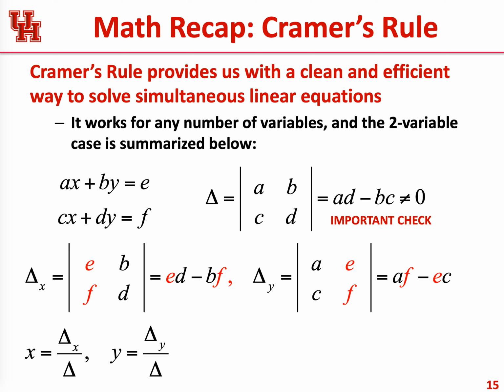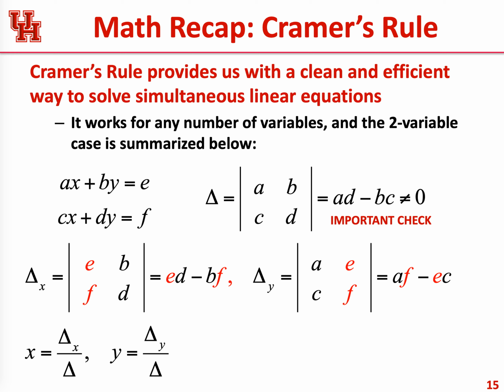Now, one of the important things is we want to make sure that this is not equal to 0. It should be non-zero, because if this is 0, then we probably don't have a good solution to this simultaneous pair of equations. Now, let's form another determinant.